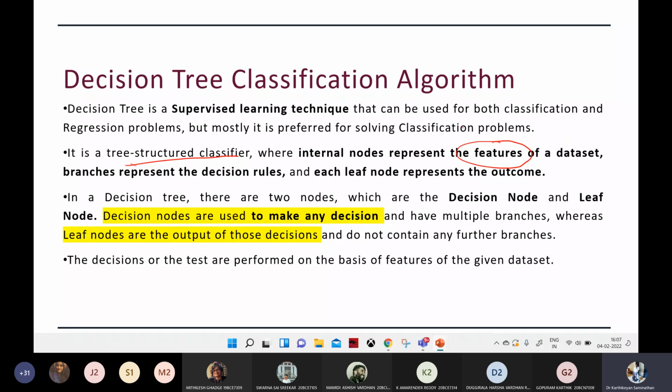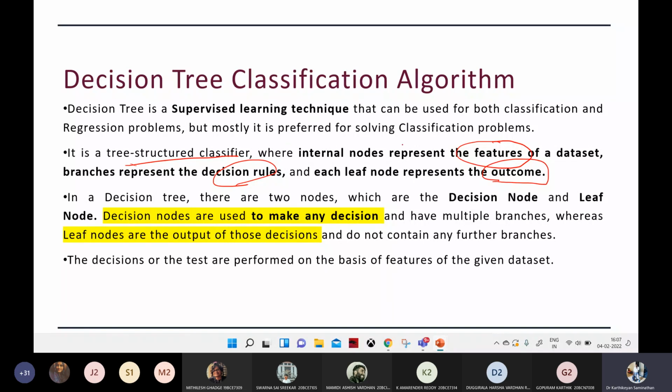From the data set, the columns are called features or attributes, and the values from the columns are taken as input. In the same way, the internal nodes are represented as features, and branches represent the decision rules, and each leaf node represents the outcomes. That is how we map our decision tree.